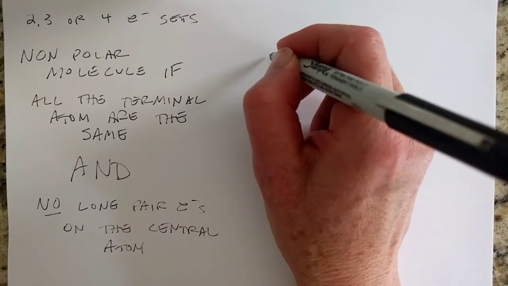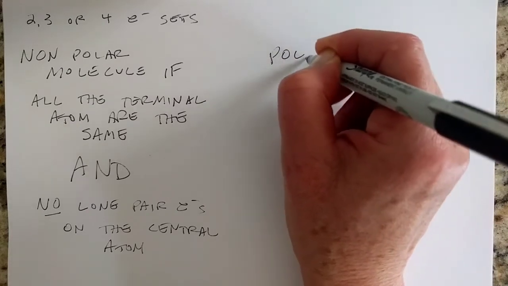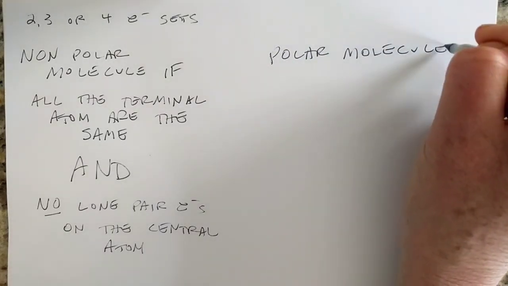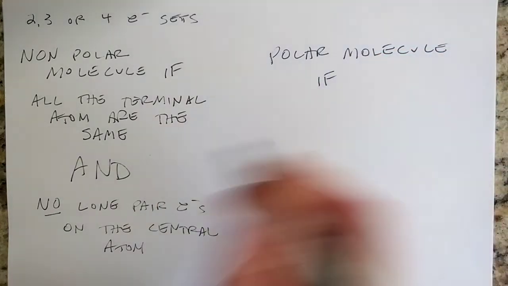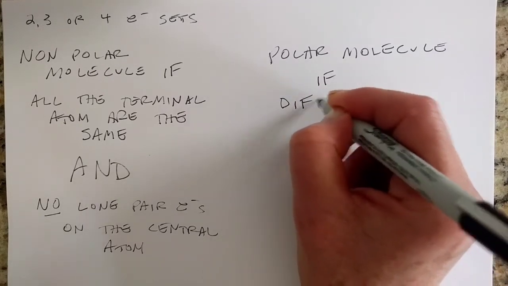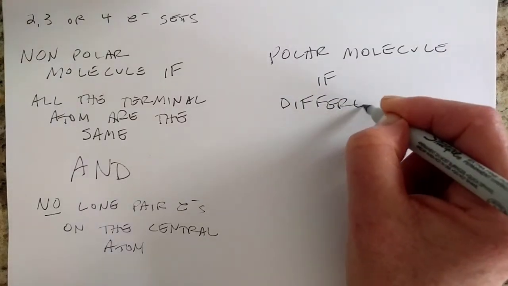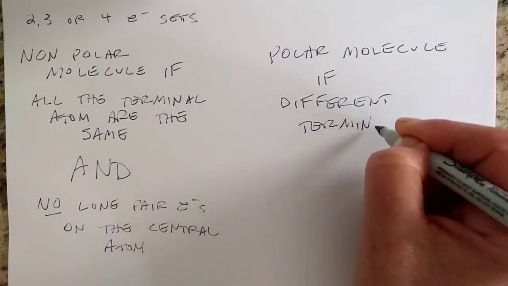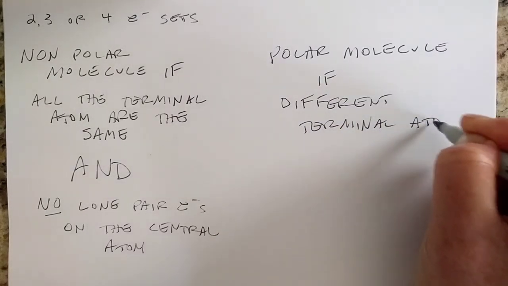So that means we have a polar molecule if it's the opposite of this. We have different terminal atoms. You only need one to be different.